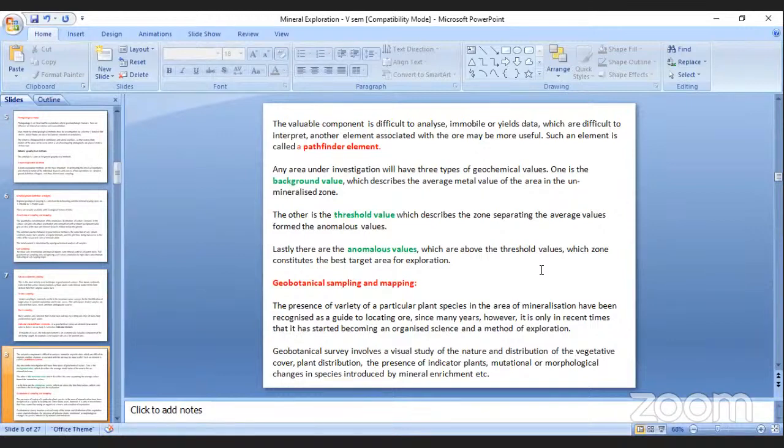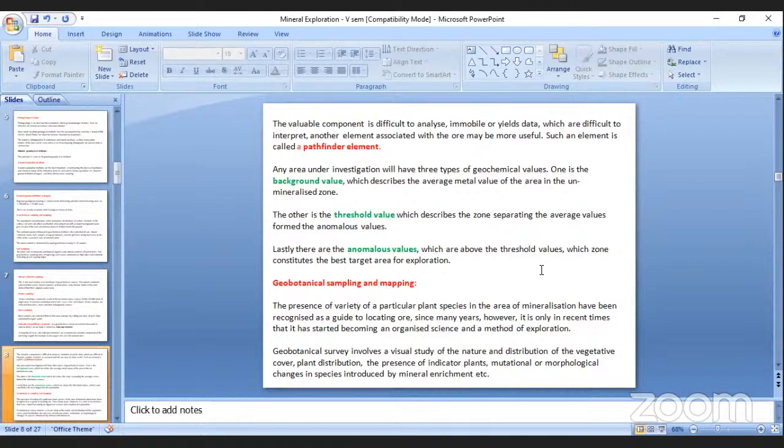If you have identified the arsenic, then definitely we can say gold may also be there in that area. There is a chance.